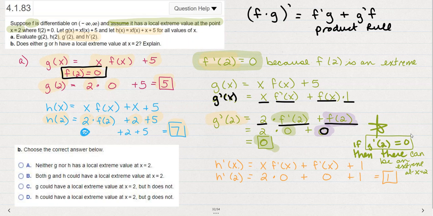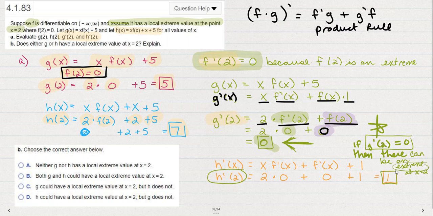What the theorem tells us about derivatives equal to 0 is that if there is a maximum or minimum, so if there is an extreme, then it must happen at this place where the derivative is 0, or where the derivative doesn't exist. If the derivative is not 0, as we're going to find for h prime of 2, we know there's not going to be an extreme at h of 2.